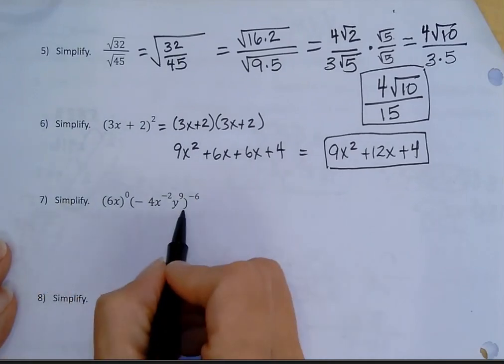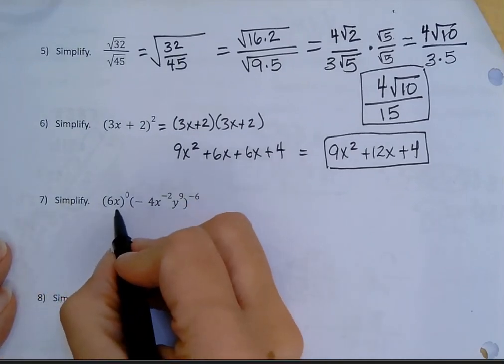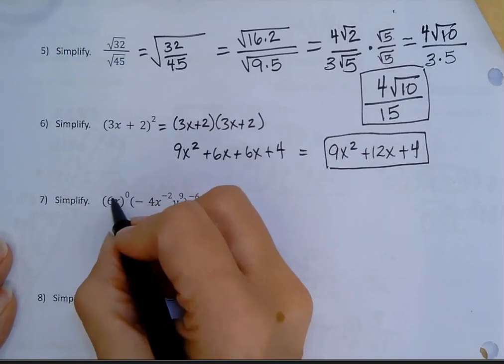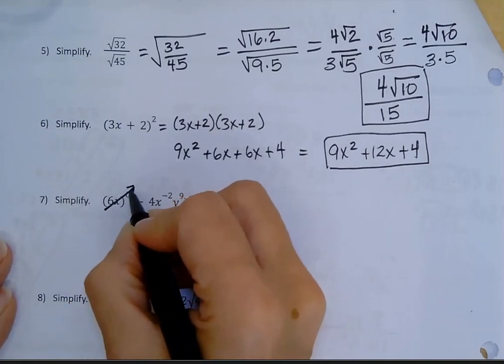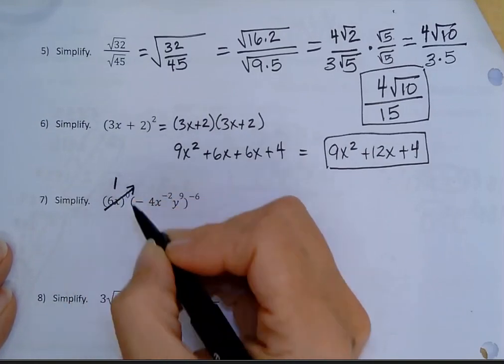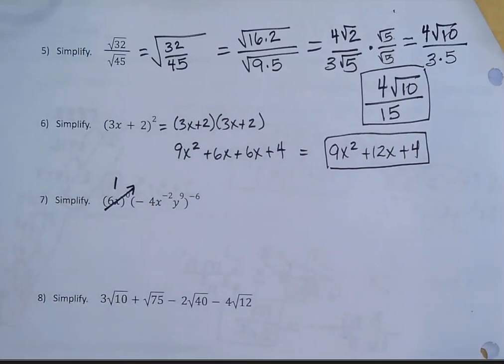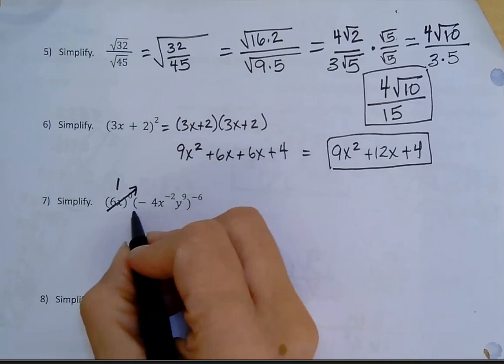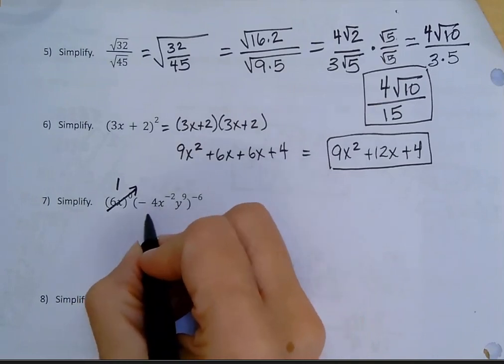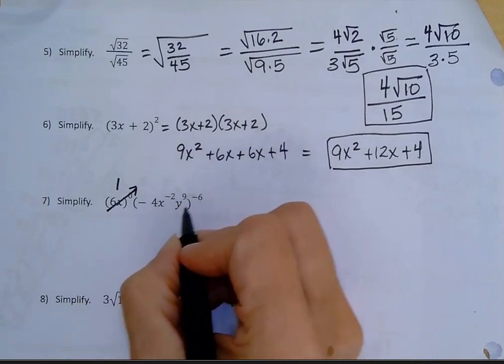Okay, down here, we're going to simplify. All right, this is 6x to the 0, which means anything inside these parentheses is to the 0, which means that's just 1. 1 times all of that. I would do that first. Now, the way I treat this is everything inside gets that exponent.